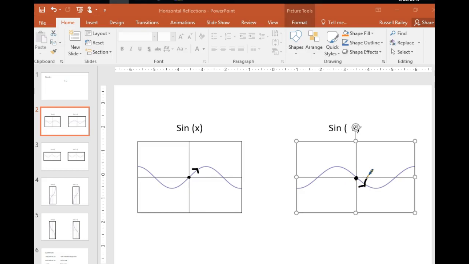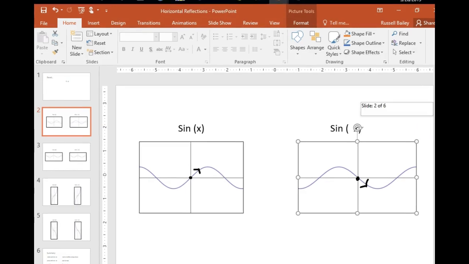Just like when you do a vertical reflection, same thing. So with sine, a vertical reflection gives you the same exact graph as a horizontal reflection. So sine goes down afterwards. But let's go ahead and continue the journey here and look at other ones, because they're all a little different in their own way.